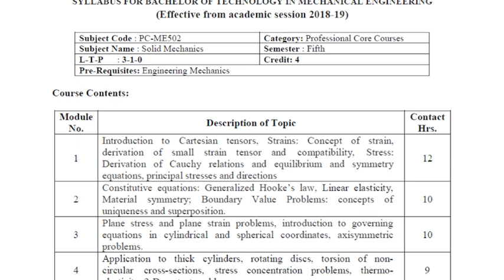But remember, each and every section I have just mentioned, individually and separately, is a very vast topic, especially rotating disc, torsion of non-circular cross section, stress concentration problem, thermoelasticity. Individually, they are so vast that each can make one book chapter. So that is highly possible.